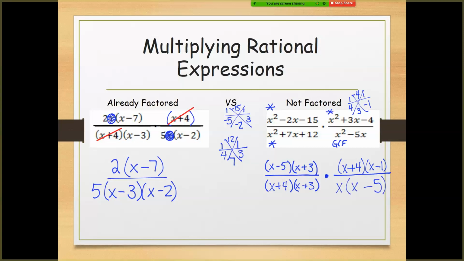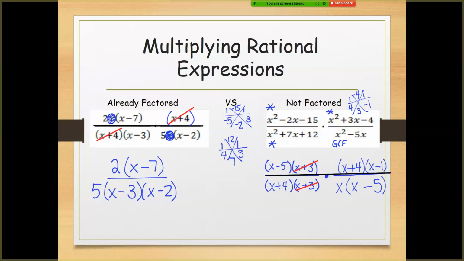Since this is multiplication, I want to cancel anything on the top that's exactly the same as anything on the bottom. So first thing I notice is this x plus 3 and this x plus 3. One's on top, one's on bottom. Remember, since this is multiplication, we can imagine this is one big happy fraction.